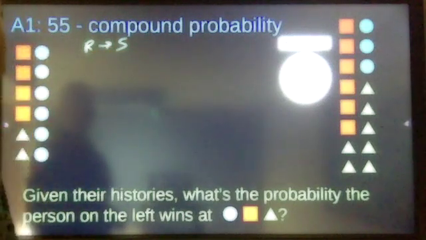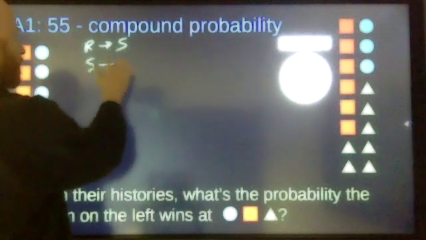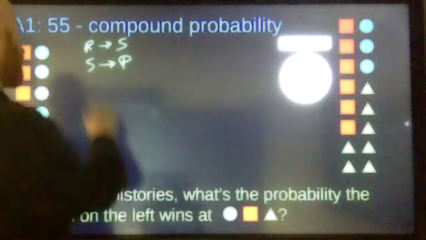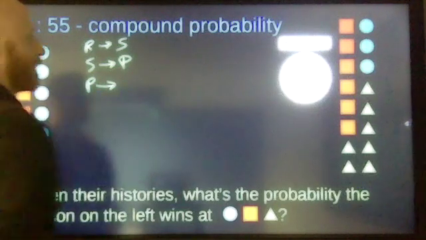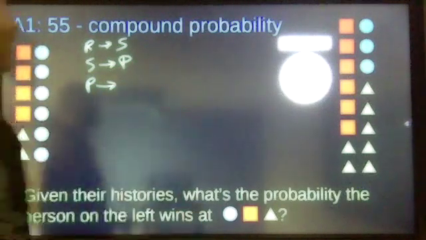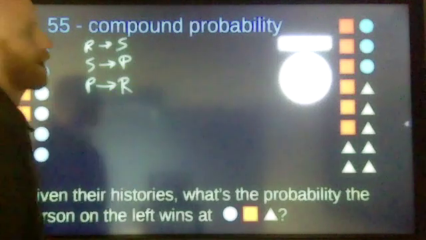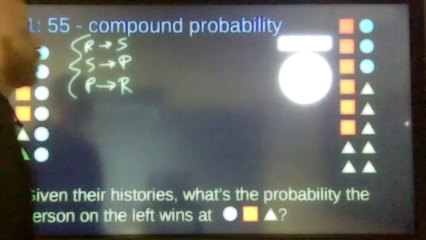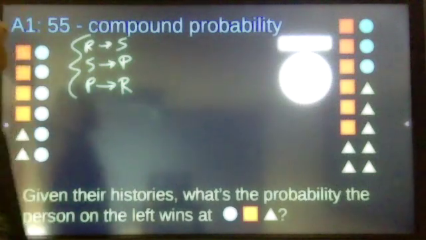Or this guy chooses scissors when that guy chooses paper. Or this guy chooses paper when that guy chooses rock. All right. So these are my 3 possible winning combinations.